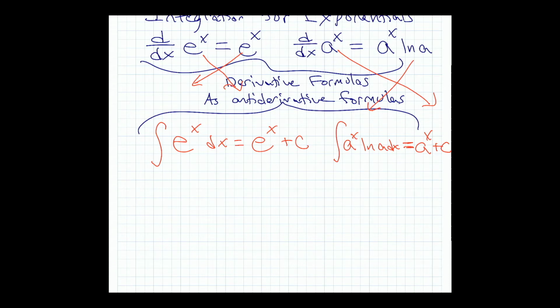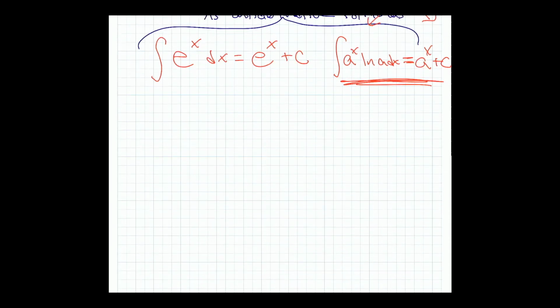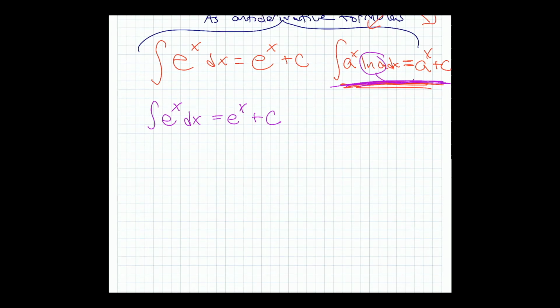However, we don't really like writing it this way. So the way you're going to want to remember these formulas is as follows. The first one's fine. The antiderivative of e to the x dx is e to the x plus c. On this one, this ln a is usually not going to appear in your integral, and so we would like it to be on the other side.